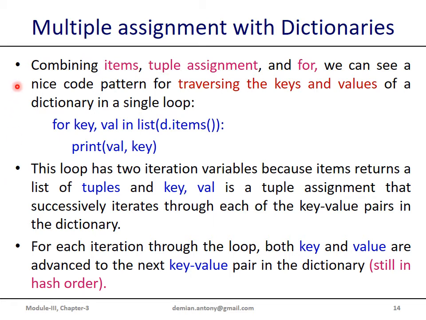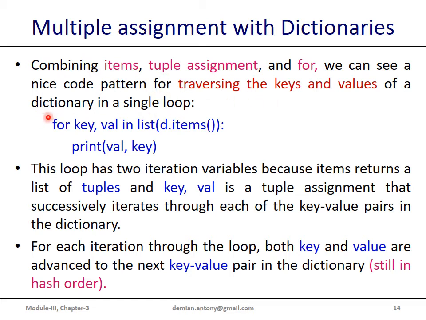We can combine the items method, tuple assignment, and for control statement to traverse keys and values present in a dictionary with a single for statement.